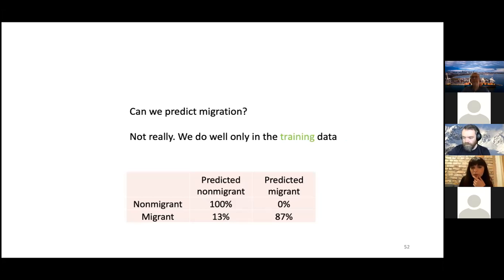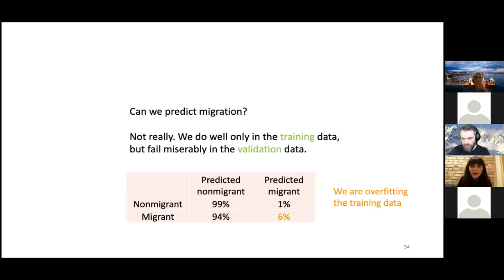So here we're showing our predictions, and we see that we can predict non-migrants almost perfectly 100% of the time, but with migrants, we do less well. We can predict a migrant with 87% accuracy. But this is in the training data. When we look at the validation data, terrible results. Non-migrants, we do well. That's the majority of the sample, but with migrants, we have 6% accuracy.